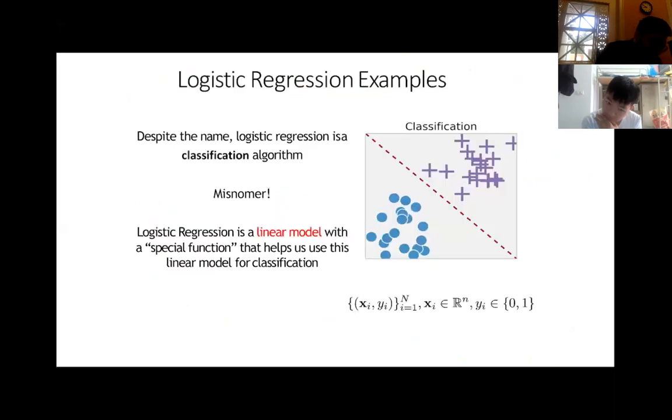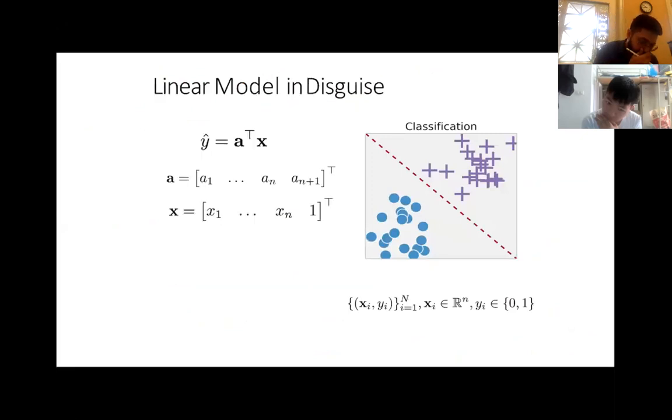A side note: although we call it logistic regression, it's a classification algorithm. You use it for classification. This is a linear model in disguise because under the hood we are using linear regression. So this is exactly like our setup.